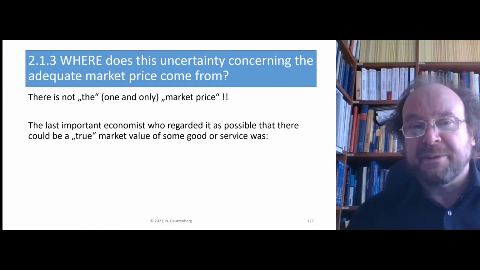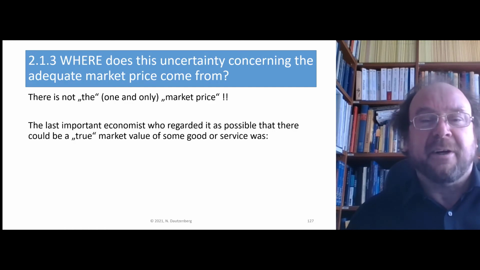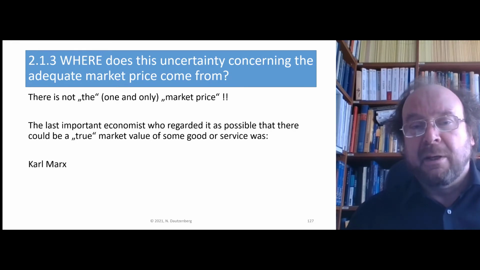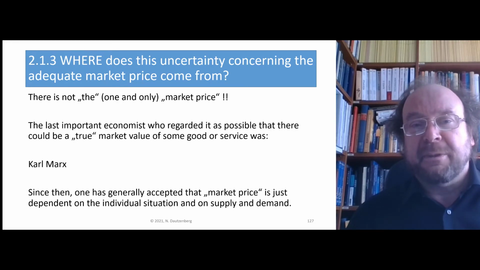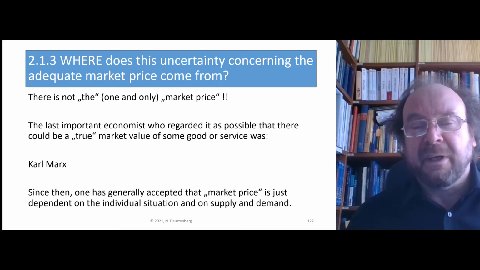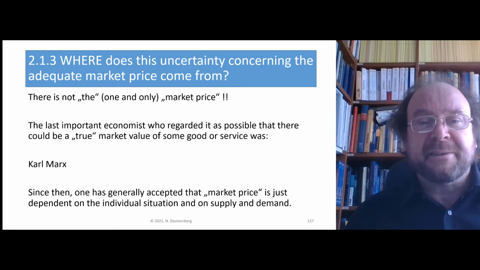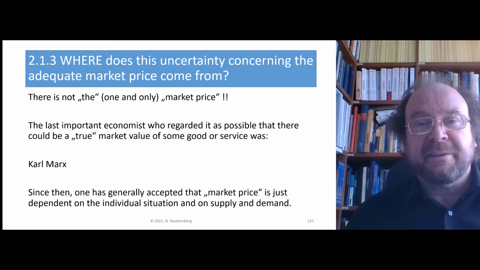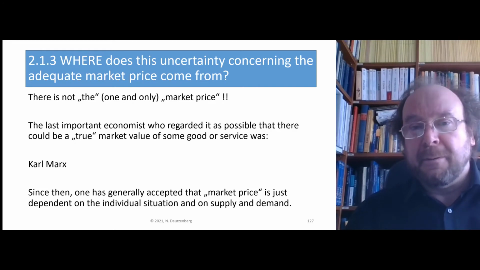The last economist who really believed in the existence of a true value, not even a true price, that was Karl Marx. Since then, economic theory has moved on, and nowadays we think, okay, prices in the market are entirely dependent on supply and demand, on the ideas and preferences of the people involved.